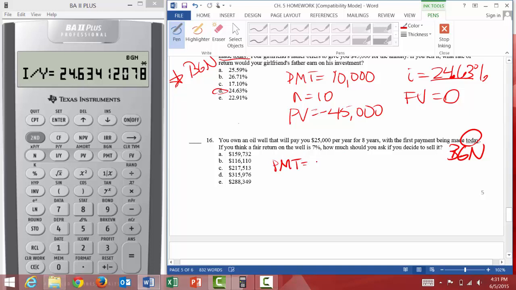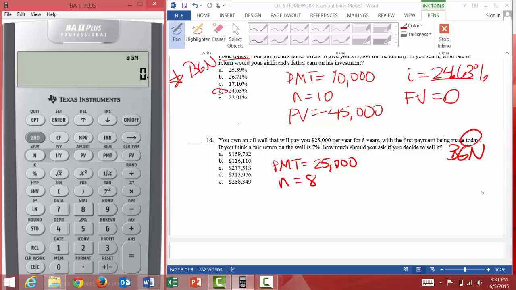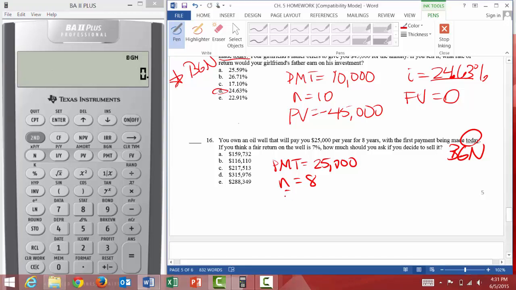So the payment is $25,000 for 8 years. And over here I can see that my calculator is in begin mode. How much should you ask for if you sell it? That means what's the price or the present value? And so the future value is equal to 0.